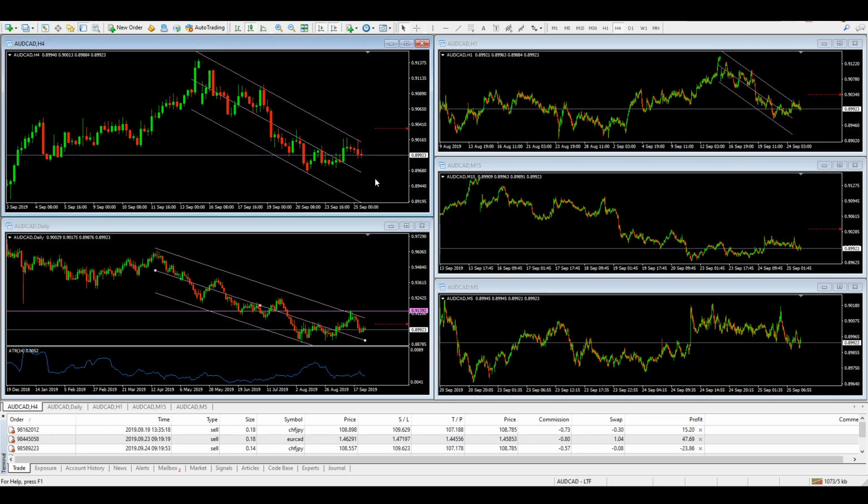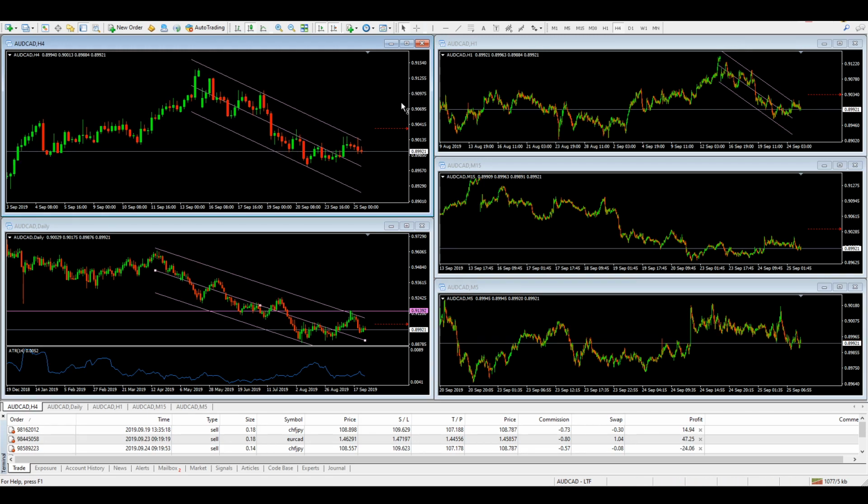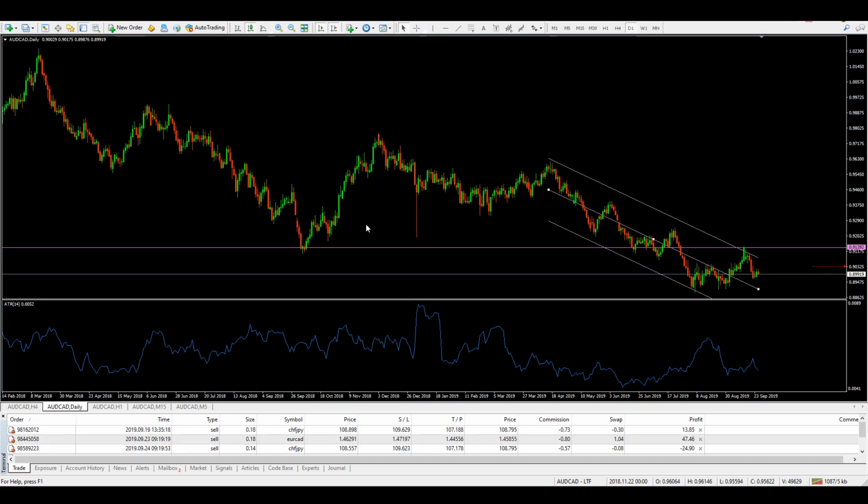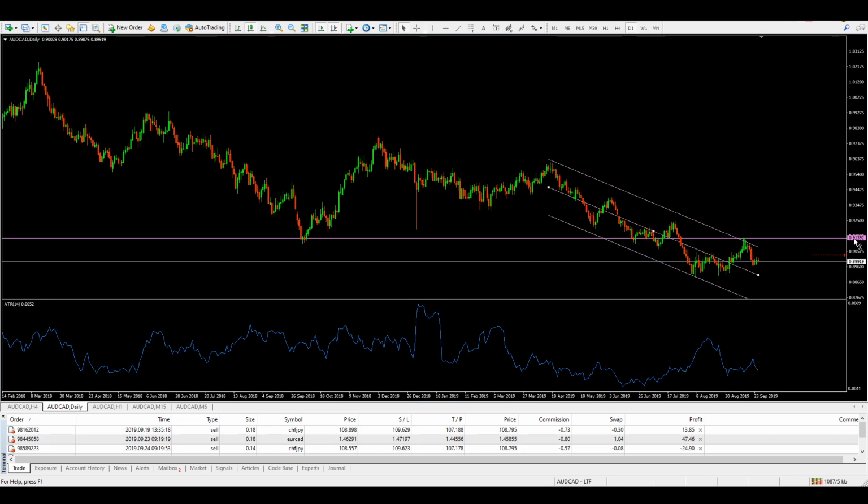Now this, as I mentioned in yesterday's video, for me the most sensible stop loss that makes sense on multiple time frames would probably be above this lower high here on the daily. Now that would be this level here if we're looking at the lower time frames, or this one here. And generally that's quite a wide stop. The problem with it being that wide is that it means we have to have a smaller position first of all, and it takes our profit target much longer to get hit.